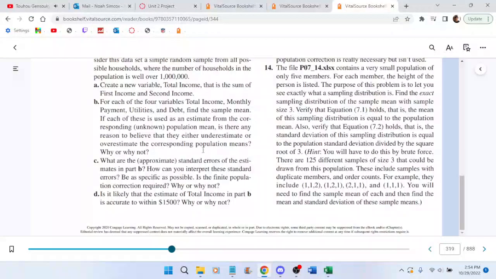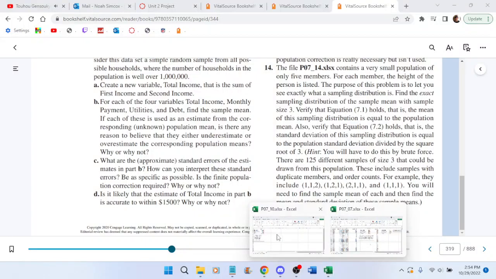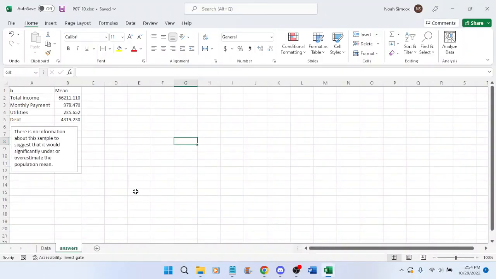So I just gotta calculate the standard errors of the estimates in part B. So yeah, I've done all this before, pretty much.